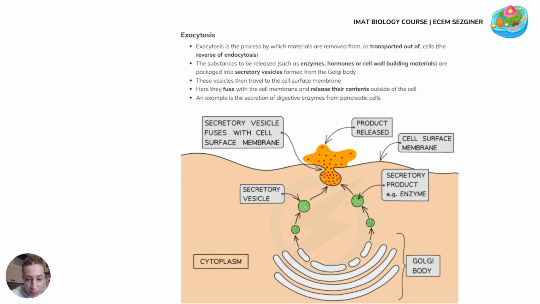It happens thanks to the efforts of the Golgi, checking the material and making sure that they are in vesicles. They are in the sac and they move towards the cell membrane surface, and then they release their content to the outside of the cell.